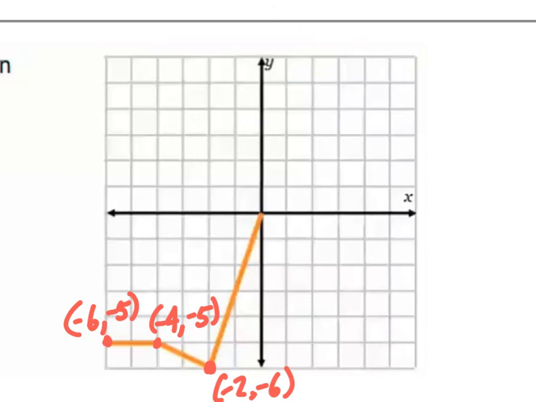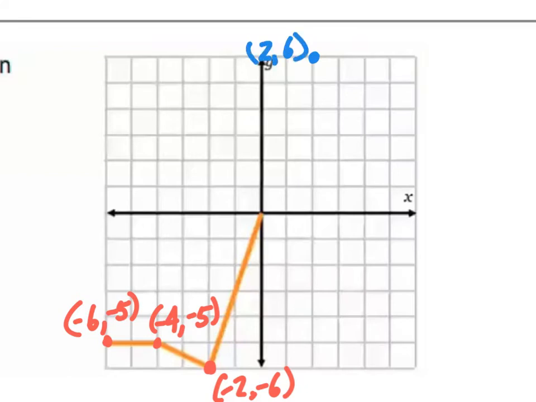I would flip the points around so that they are the opposites. If I have the point negative 2, negative 6, the opposite point would be 2, positive 6, which would be up here.